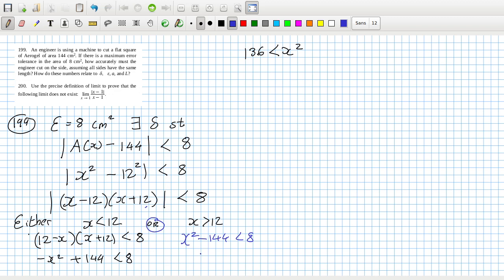So then we'd have x squared less than 144 plus 8, which is 152. So we have either this or this, x squared less than 152. But we just remember also in the first one, this is and x is less than 12. And here this is and x is more than 12.